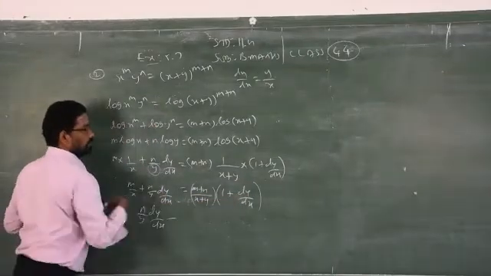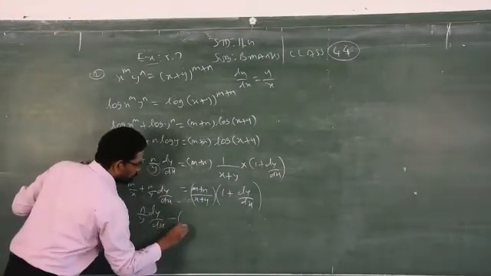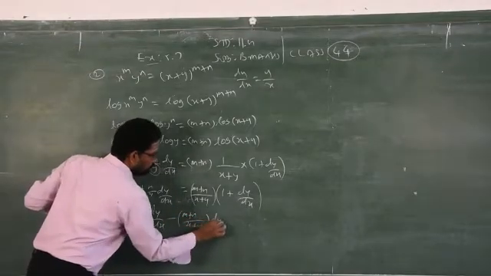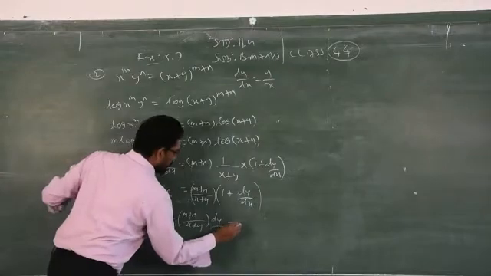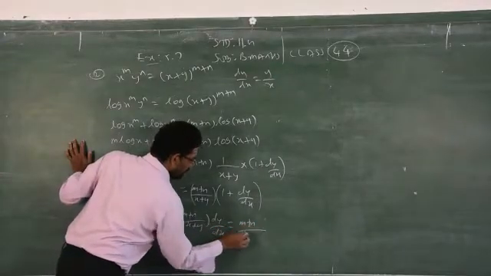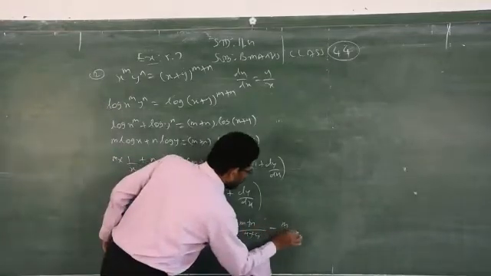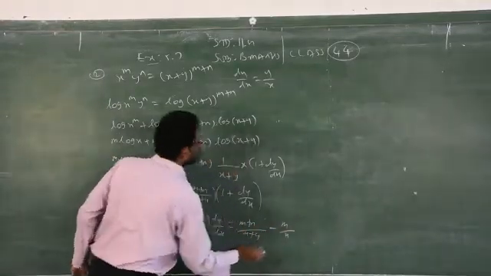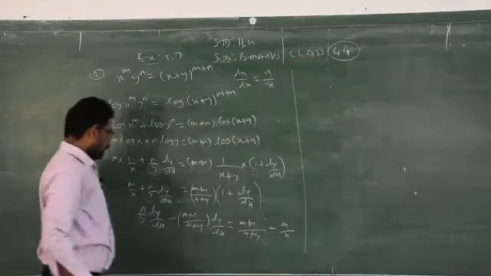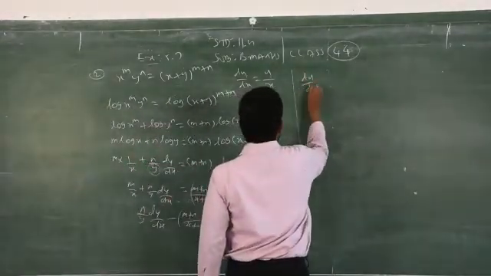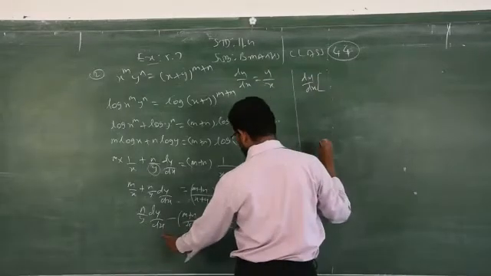When I transfer it to the left side, it becomes minus m plus n by x plus y into dy by dx is equal to m plus n by x plus y, plus it will become minus m by x. Clear? Now you take dy by dx as the common factor. So dy by dx is the common factor of these two.